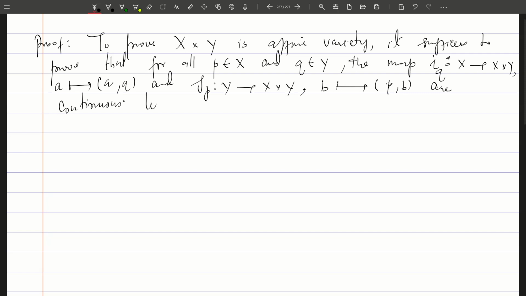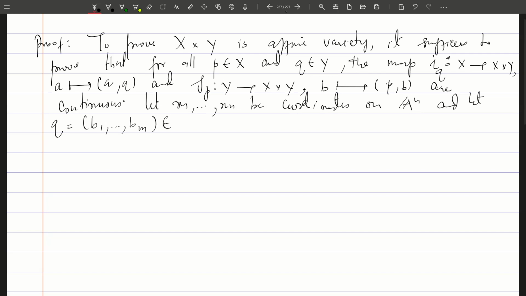So let x1 up to xn be coordinates on A^n, and let the point q be equal to (b1, up to bm). So this is the point in Y, which is contained in A^m.